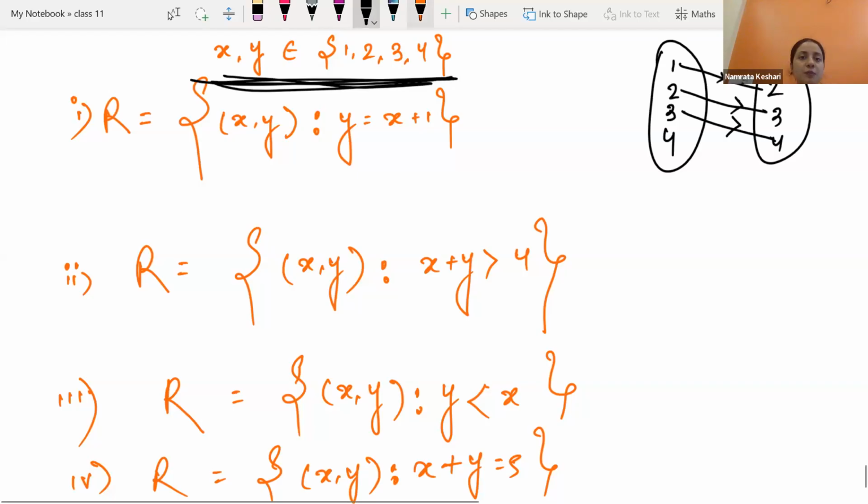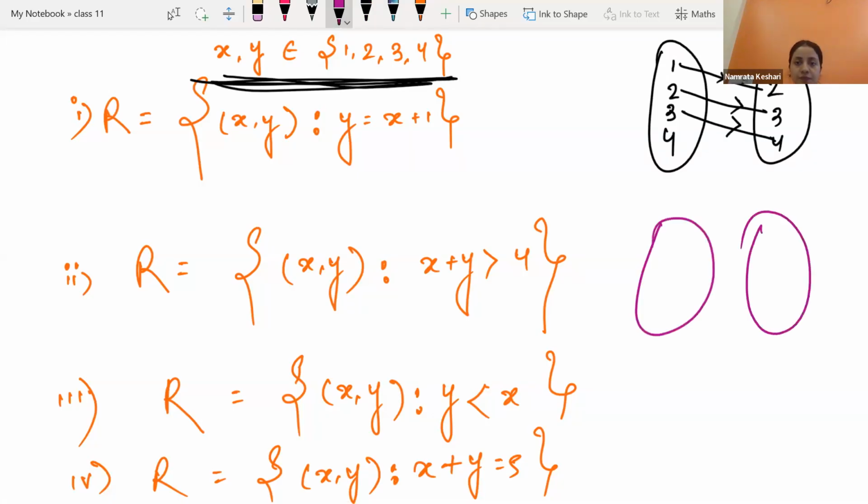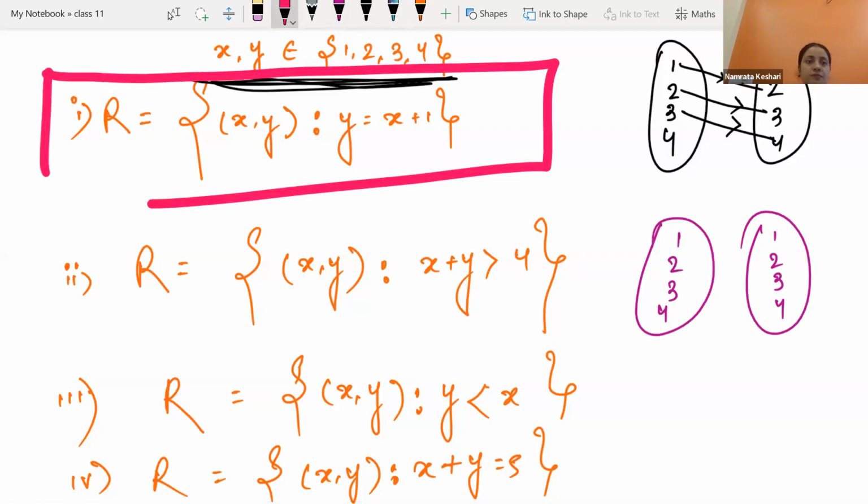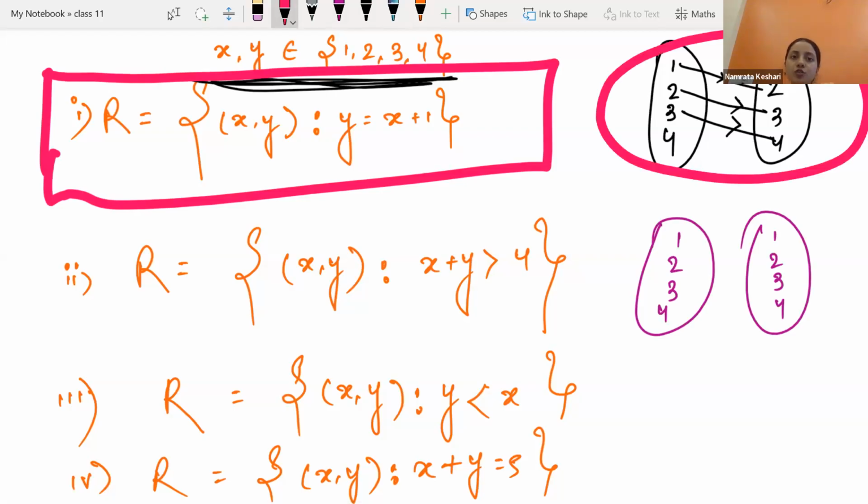Yes or no? Please tell me. The first relation, is it a function? This one.